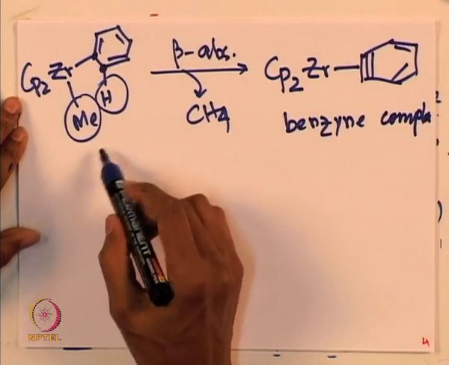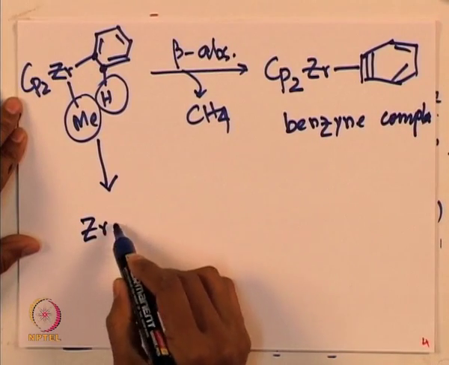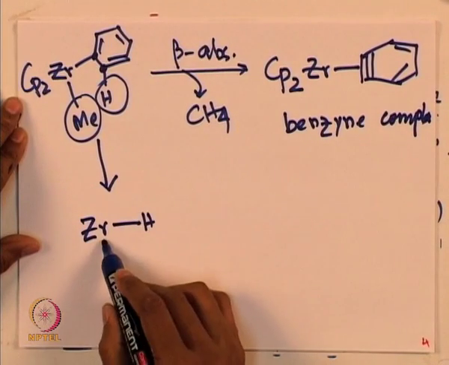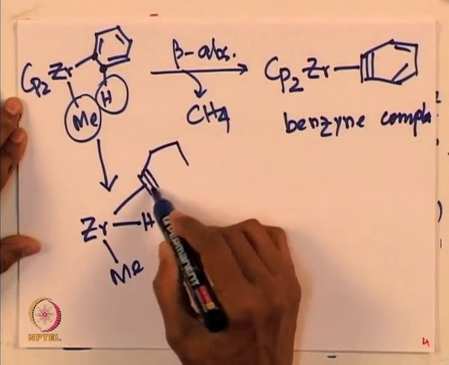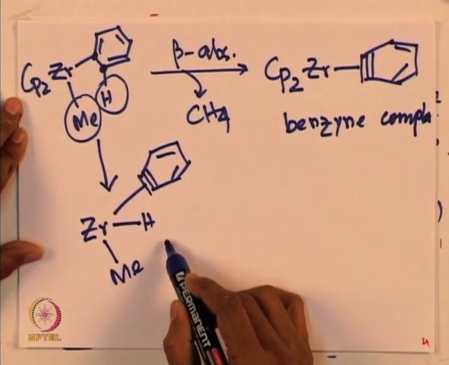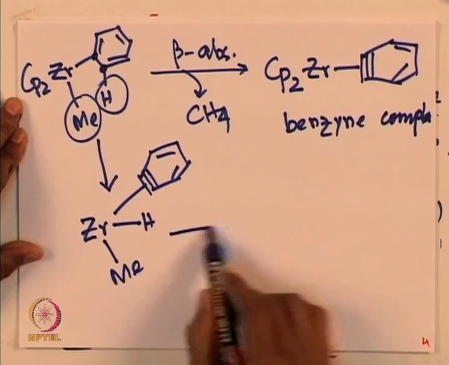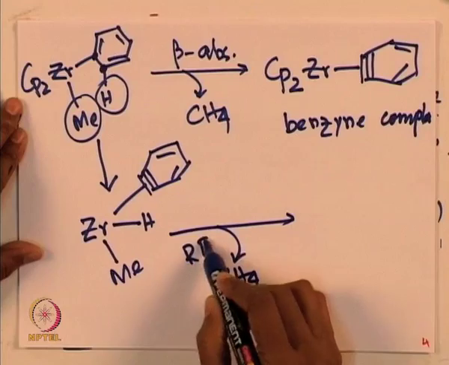Now, most importantly, one could think of course that this zirconium should give you this intermediate, where this benzene can coordinate, and from there we can get the reductive elimination in the form of methane.